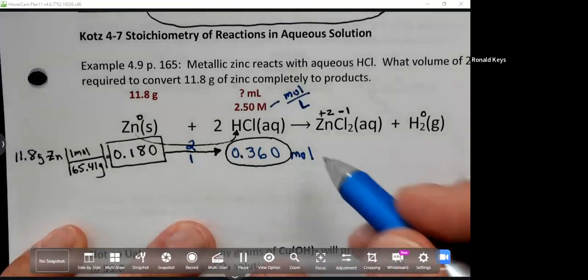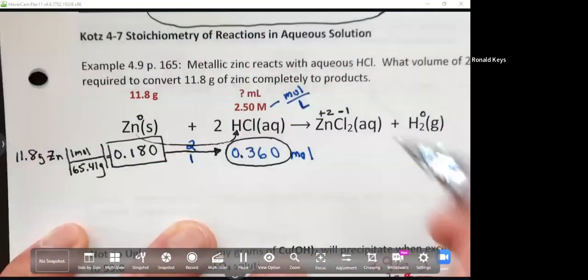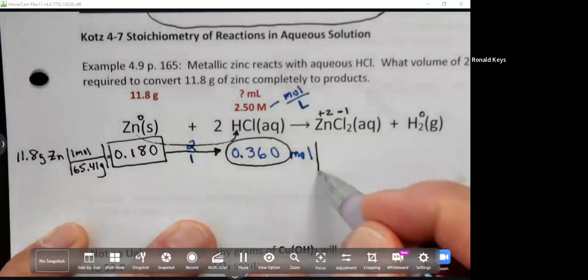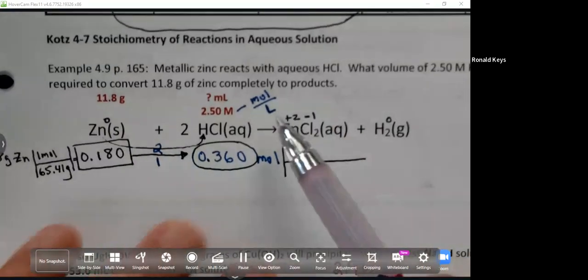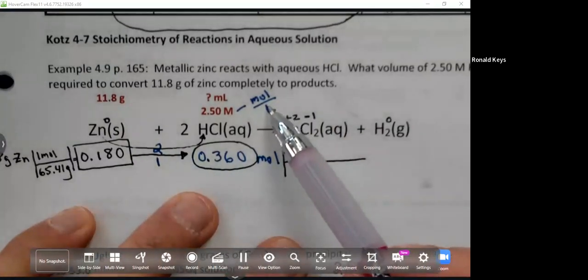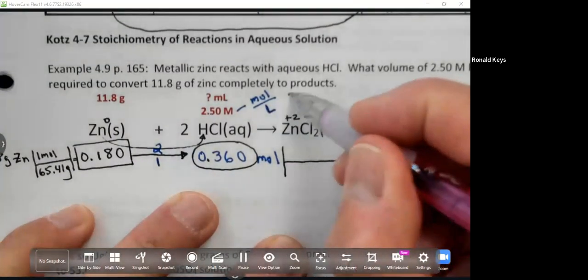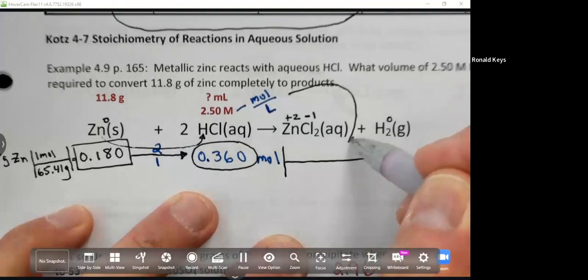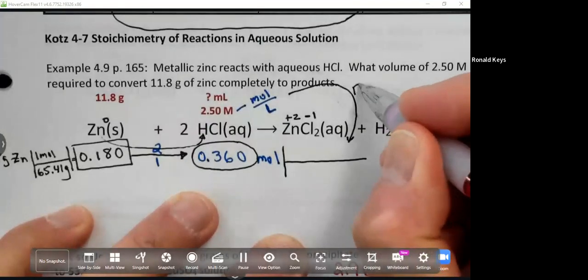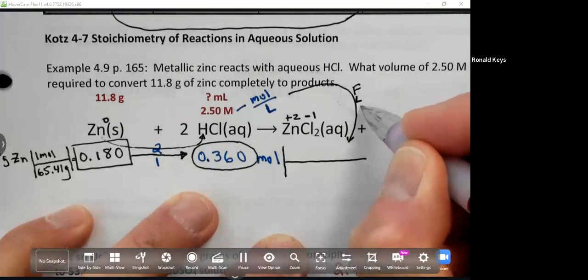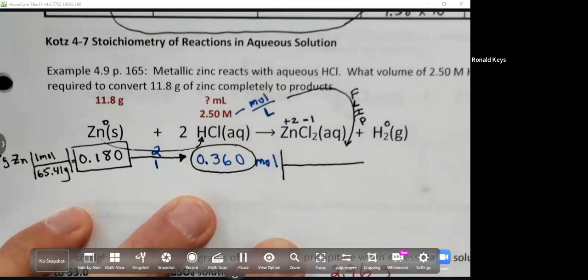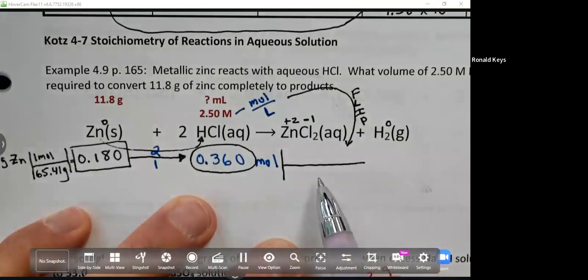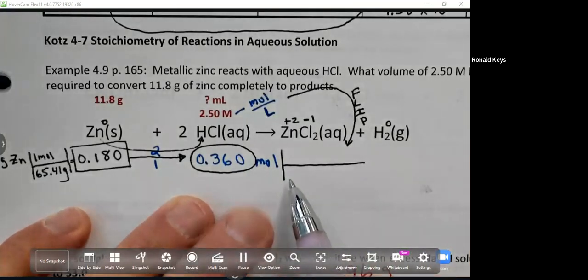So my question is, when I bring my molarity down, am I going to leave it as is, or am I just going to flip these units? We are going to flip, right? We're just going to flip these units because I have to get moles to cancel out.